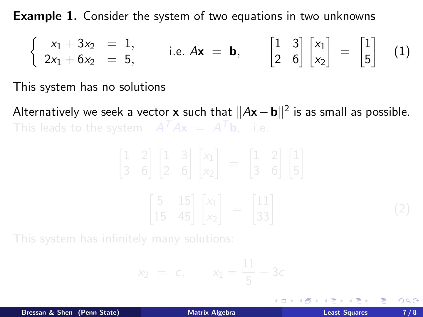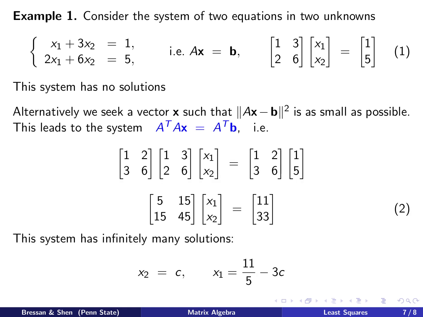Alternatively, we now seek a vector such that the residual, measured in norm squared, is as small as possible. We know this will lead to a different problem, and it will be the solution for the system A transpose A x equal A transpose b.